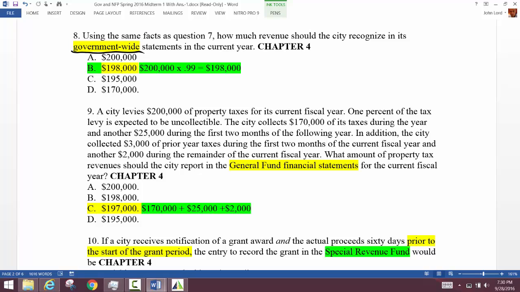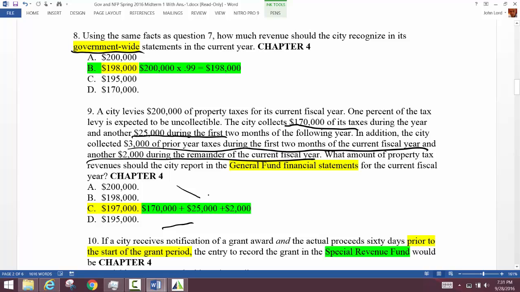So when you pick up the amounts, we pick up the 170 that was for the taxes for the current year, the 25,000 that we got in the first 2 months of the following year, and then we do not pick up the 3,000 for prior taxes during the first 2 months of the current fiscal year, and then another 2,000 during the remainder of the current fiscal year. That we do pick up, right? Because that got outside of that year's 60 days, and we include it, right?